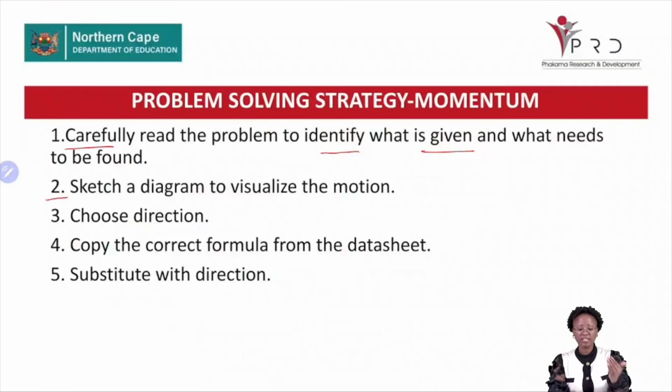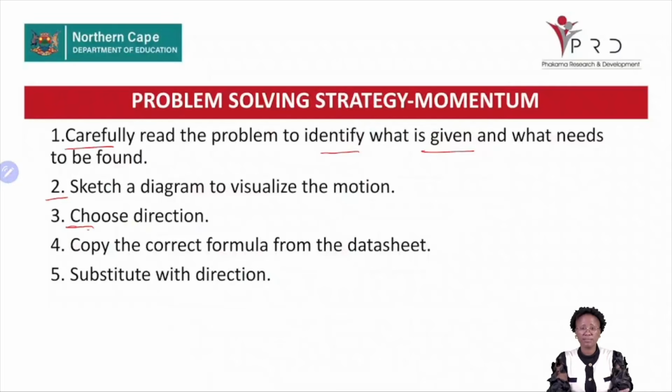Next, sketch the diagram to visualize the motion, especially if you are given a question where there isn't any diagram. Make sure that you can draw, but remember there are no marks for drawing. You can just draw using blocks just to understand the scenario and visualize the motion.